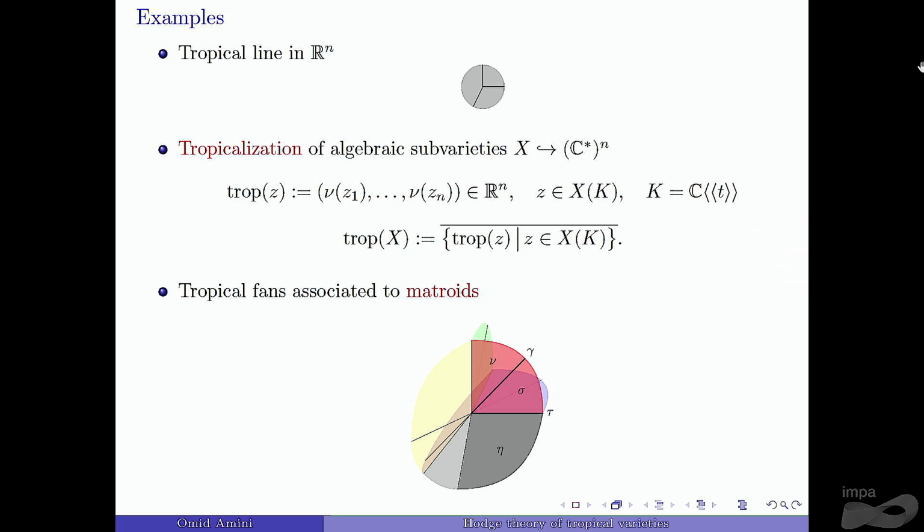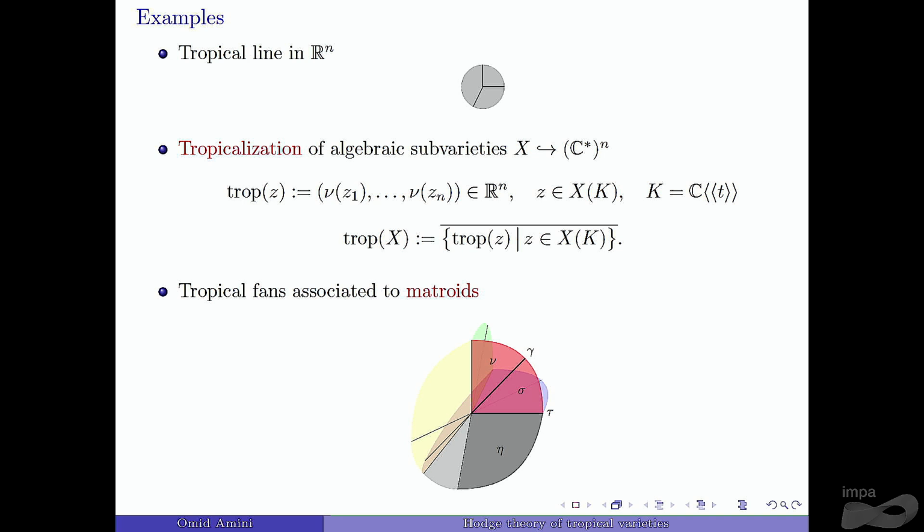But now you enlarge your field by adding a parameter T to C: you look at Laurent power series in the parameter T, and at the solutions of that system inside this bigger field.